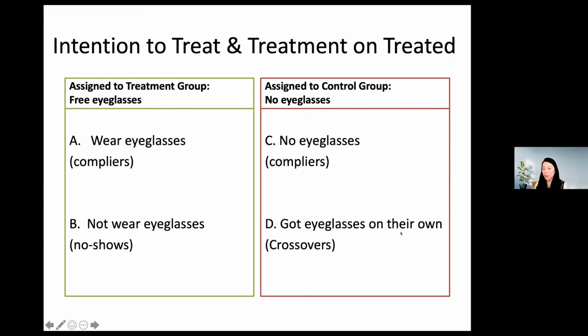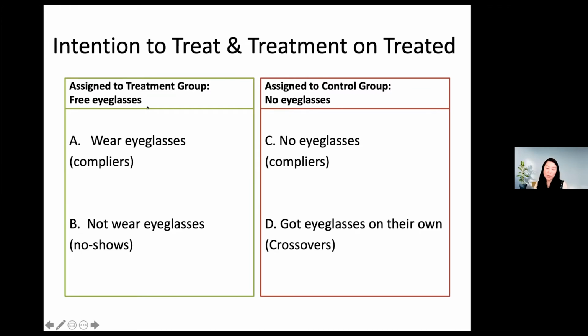So these group D students here, we call them crossovers. This is an example of imperfect compliance, which is not ideal for us to measure the true impact of eyeglasses, because within each group there is some mixed result, right?